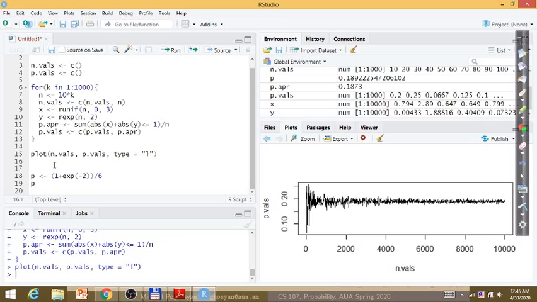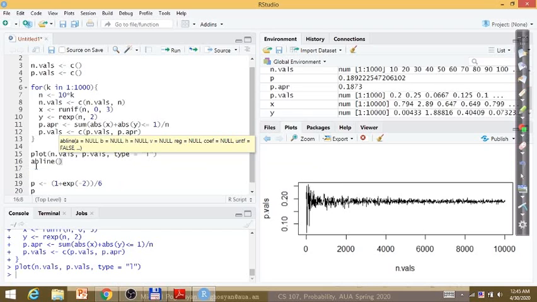Then I want to add to this the actual probability. The actual probability was that p calculated. I have not changed that. So there is a command abline that can add a line without erasing this plot.